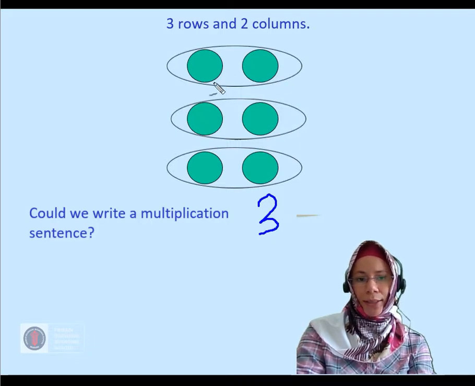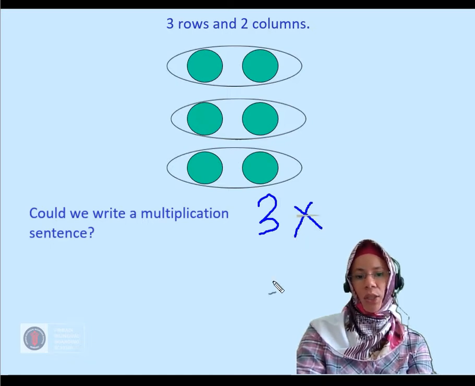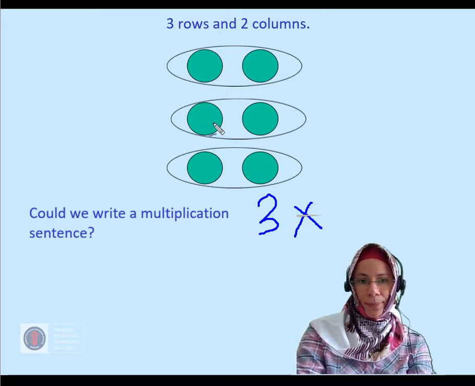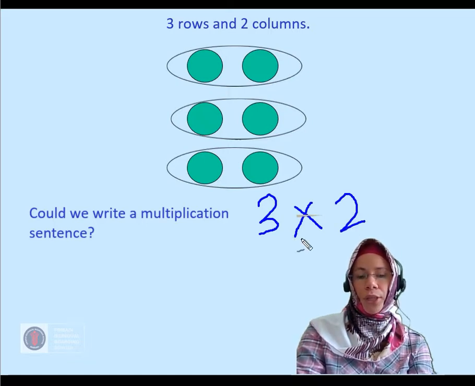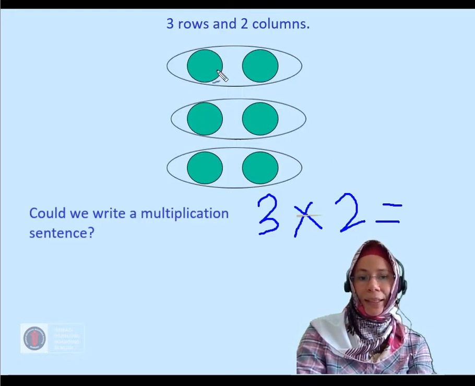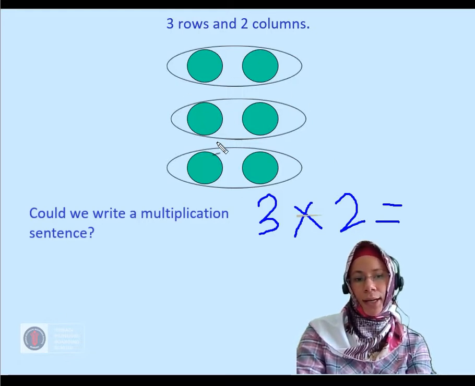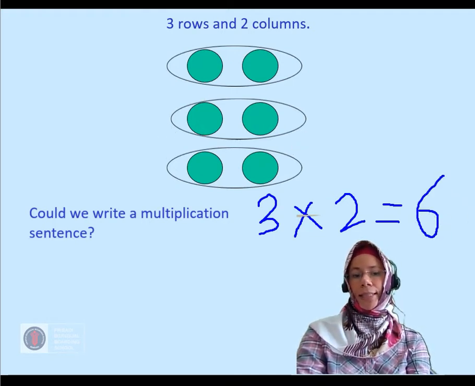After you write the rows number, write the multiplication symbol, it is times, 3 times. How many in each row? 2. So 3 times 2 equals how many total counters are there? 2, 4, 6. So our answer is 6.